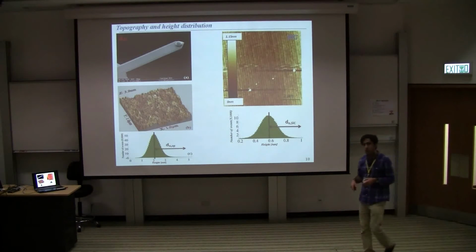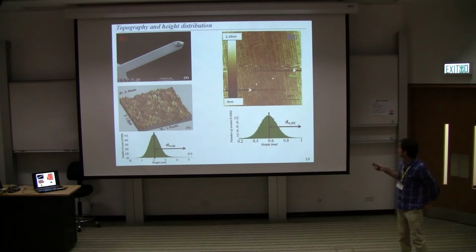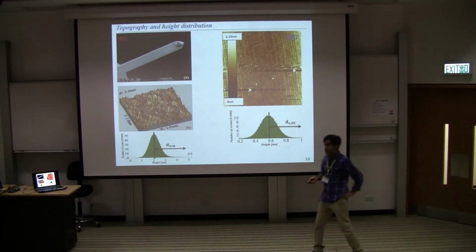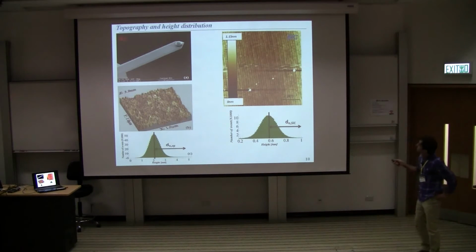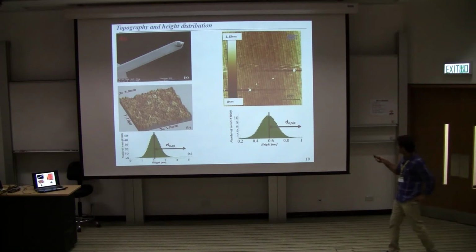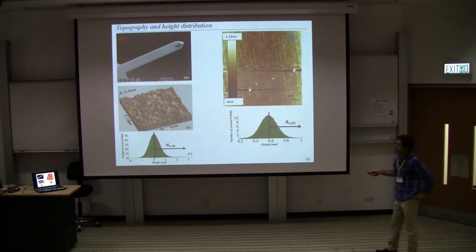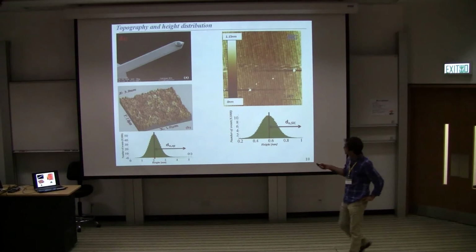Prior to the force measurement, we did the topography of both the silicon carbide plate and the gold-coated sphere. Silicon carbide is almost flat, as you can see from this graph, and most of the roughness contribution is coming from the sphere.